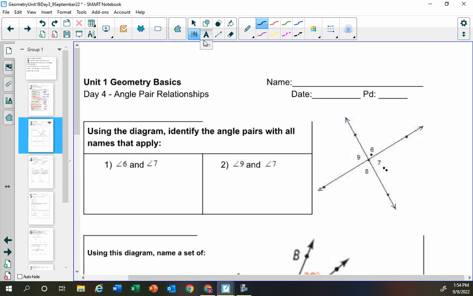So we have a couple options on what the relationship between angle 6 and 7 could be. There's a couple possible options. If we look at the diagrams on the front page, that might help us.